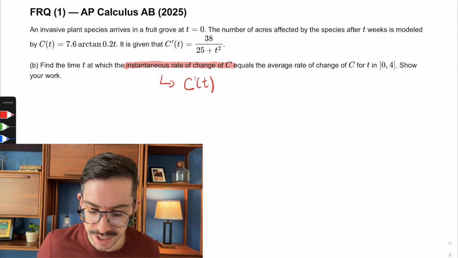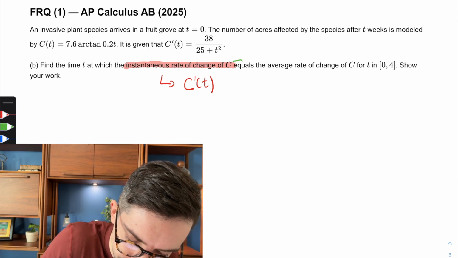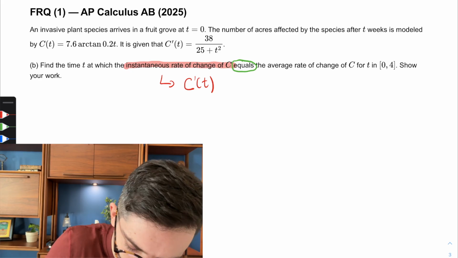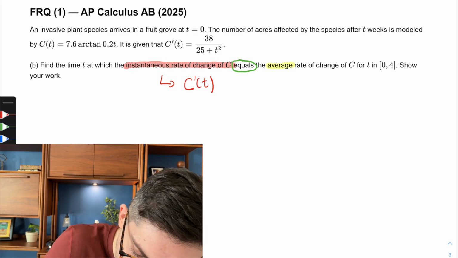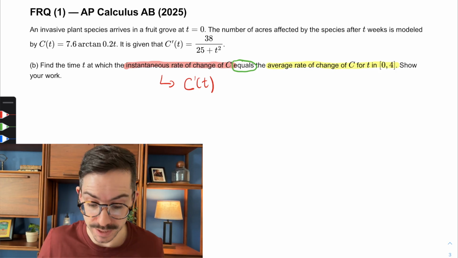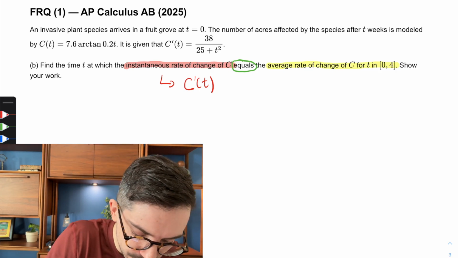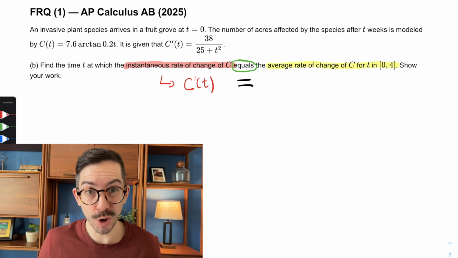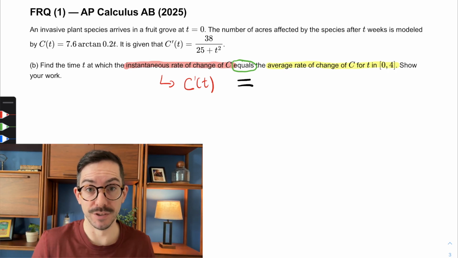That's going to be one side of my equation because you'll notice I've got this really nice equals here. The other side of my equation is going to be the average rate of change of c over that period of time. So I need to have my nice equals sign, and I need to write down the formula for the average rate of change.